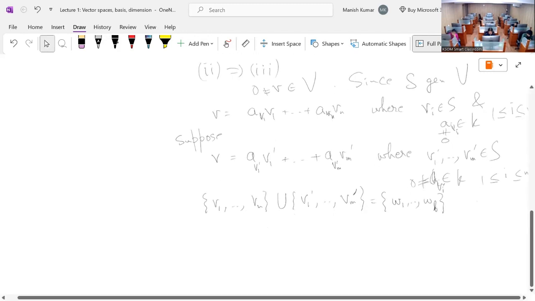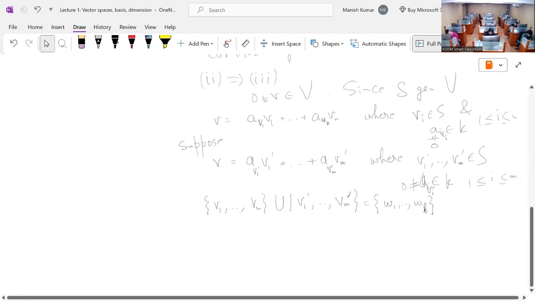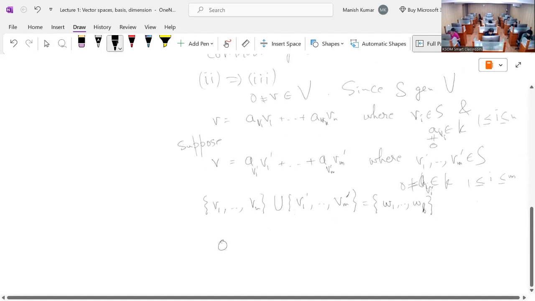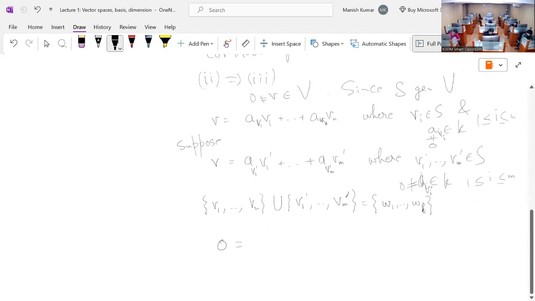So now what we get is, if you take the difference of these two equations, you get 0 equals, so maybe I should call this b instead of a. If everything is a, then it won't work, we are repeating it.